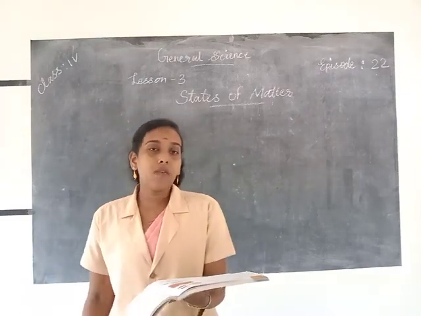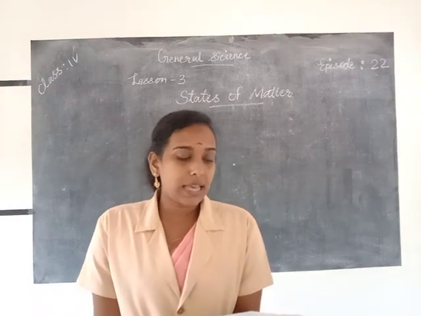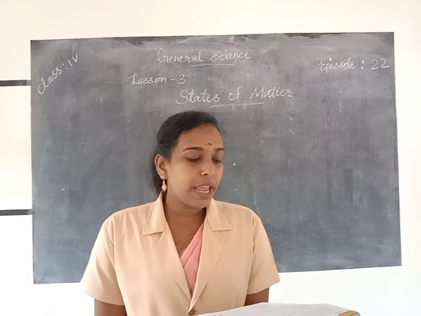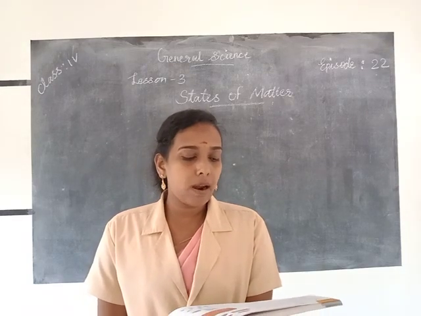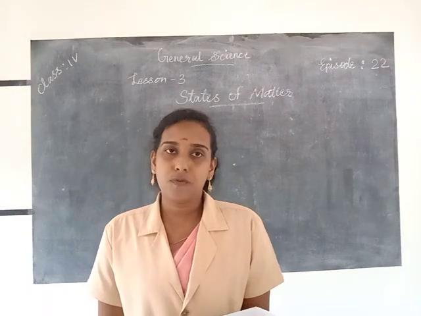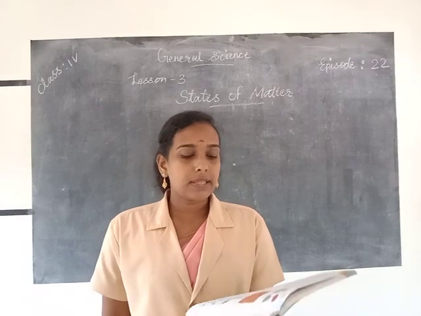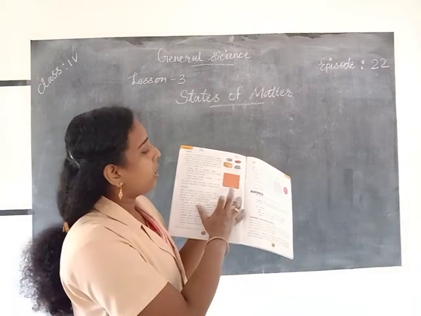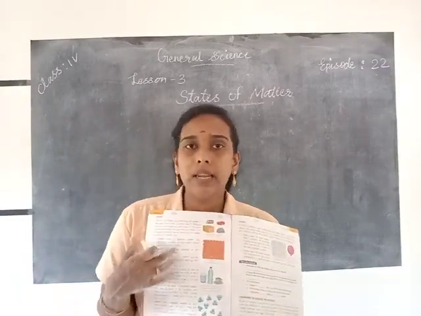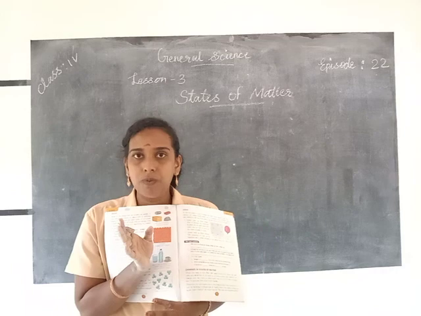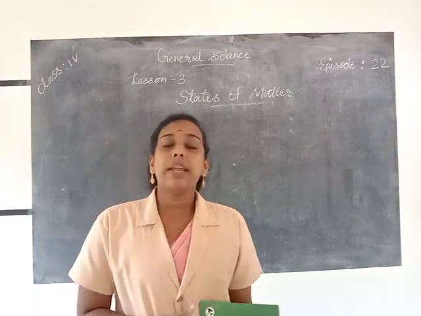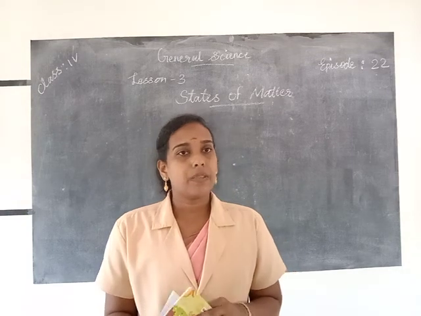Then solids have definite volumes as they occupy a definite space. The shape of some solids like a rubber ball can, however, temporarily be changed by applying force. Okay, so this is the molecular arrangement in solids. The molecules are very closely packed in solids. They cannot move freely. So solids have definite shape and definite volume.